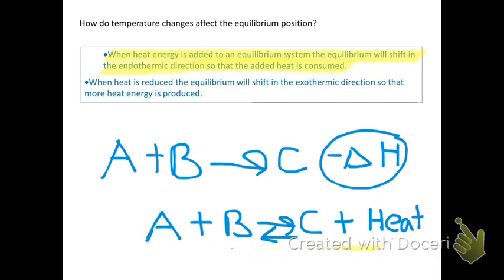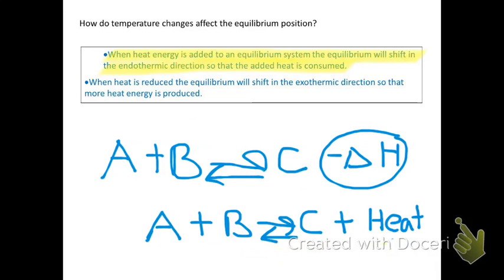Alright, so now let us think about this. Same reaction. We know that the forward direction is exothermic. I probably need to write an equilibrium here. So, what if I remove heat energy? If I get rid of some of the heat energy, I have to lower the temperature. So if I lower the temperature to reduce heat energy, then the reaction wants to make more of it.